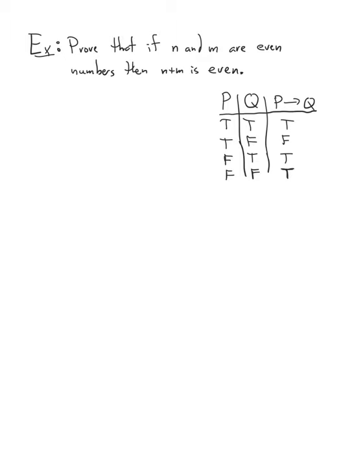Now, the whole idea is that we want to show that this dreaded row never happens. So what the direct method is, well, we're going to pretend that P is true. And if P is true, we want to show that we never end up in the dreaded row. So if we never end up in the dreaded row, it must be that if P is true, there's no way that Q could be false.